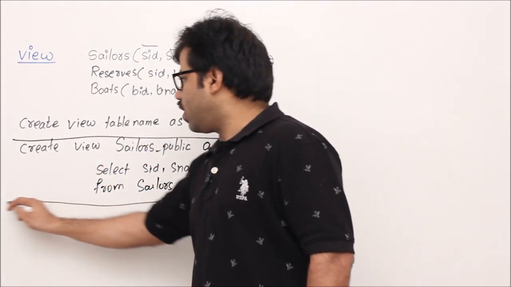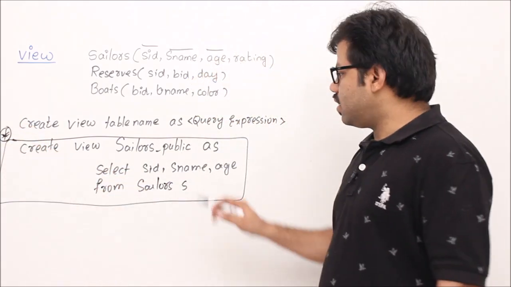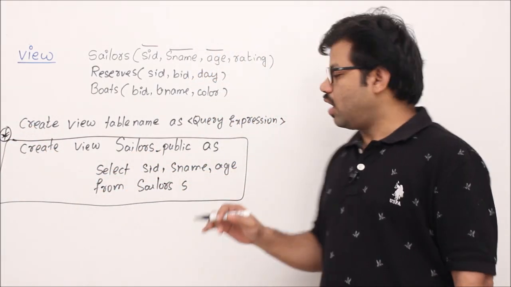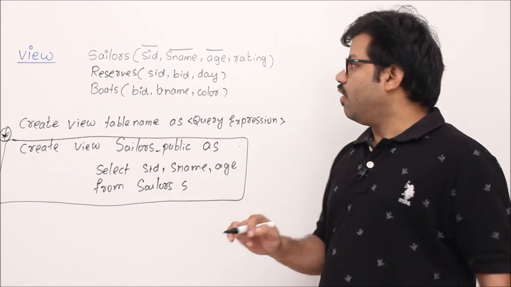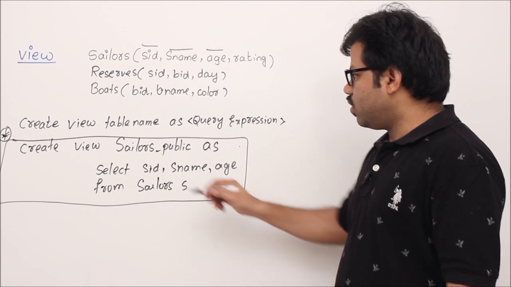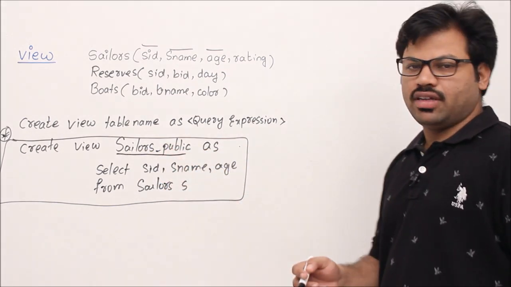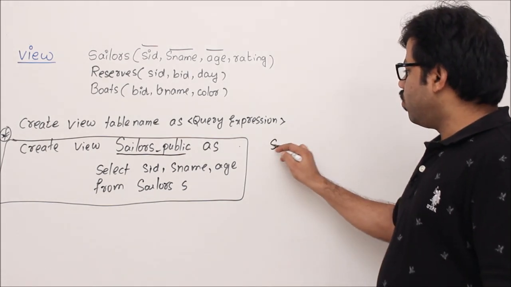When you do this, the table will not be created. Rather, this definition will be stored. So now your DBMS knows this definition. Whenever you want to refer to it, you can refer to this table sailors public from now onwards in other queries.